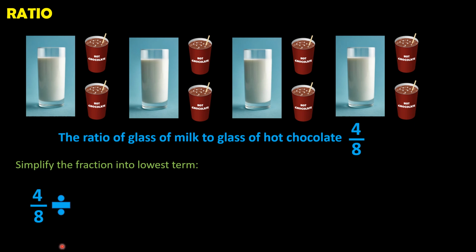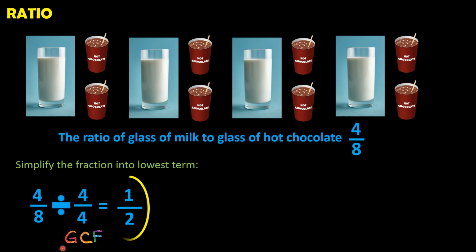Ano yung isang number na yon na pinakamalaki na pwede mag-divide kay 4 at kay 8? And that is 4. So, we use 4 sa taas para ma-divide yung numerator and 4 din para ma-divide yung denominator. That means 4 is our GCF. And when we divide that, 4 divided by 4 over 8 divided by 4 will give us 1/2.